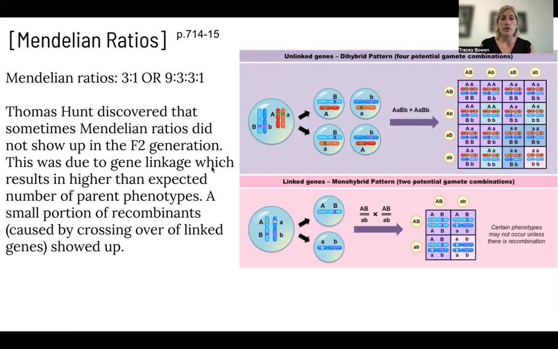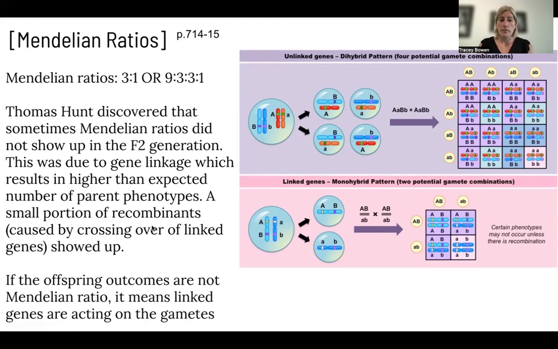This was due to gene linkage, which results in a higher than expected number of parent phenotypes and a small portion of recombinants. That means crossing over isn't happening that much, and those characteristics are sticking together.